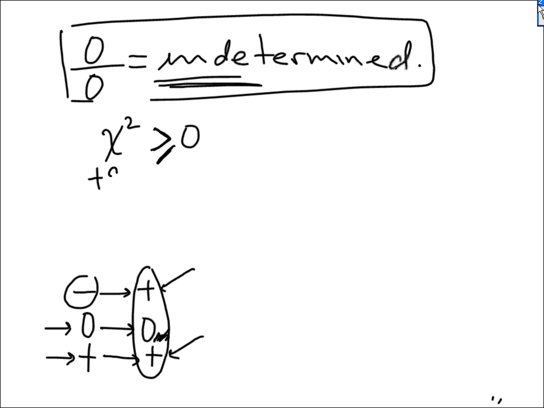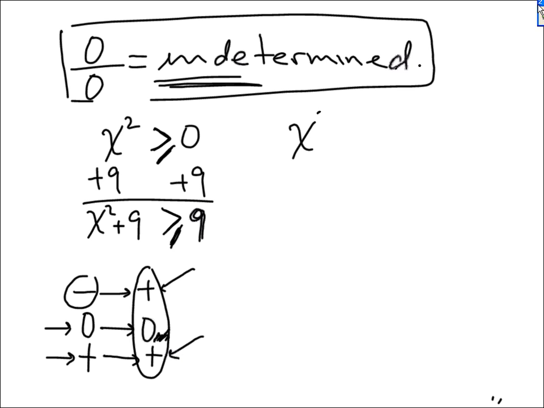Well, if I add 9, then I'm going to be 9 or more. That is, x squared plus 9 is either equal to 9 or is greater than 9. If you have $9 or more in your pocket, you don't have 0. There's no way you have 0.